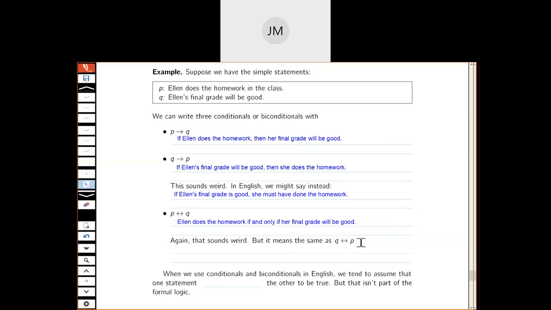Again, if you were to write that sentence in a paper and turn it into your English class, they'd have words for you. This sounds a little bit weird. What we want to do is write something that means the same thing but doesn't sound so harsh to our ears. So I'm going to change the wording slightly, but keep the same meaning. Something like, Ellen's final grade will be good if and only if she does the homework.